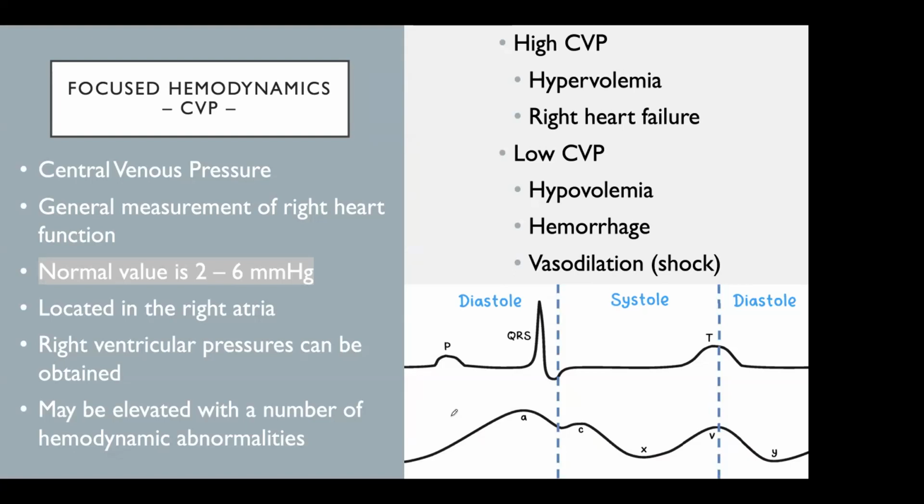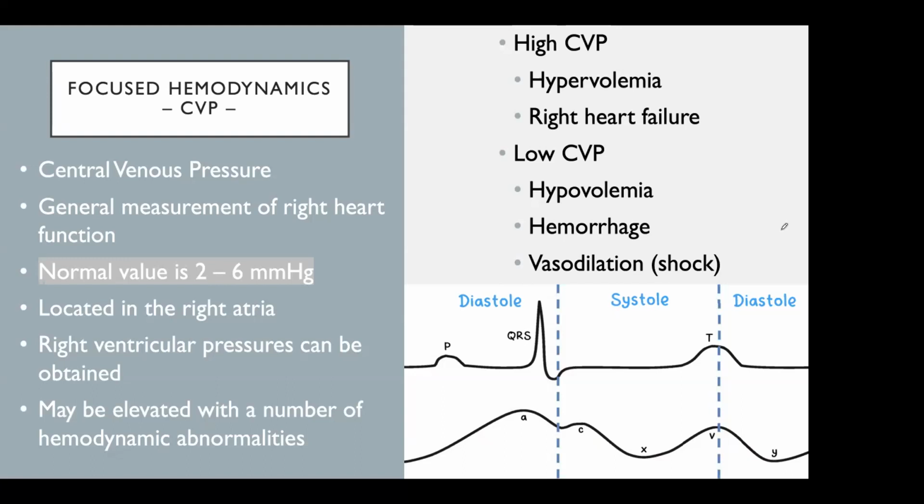Central venous pressure may be elevated with a number of hemodynamic abnormalities, as many certain situations cause hemodynamic failure and essentially a backup or right ventricular failure of sorts. High CVP: again, right ventricular failure, right heart failure, cor pulmonale, and hypervolemia.